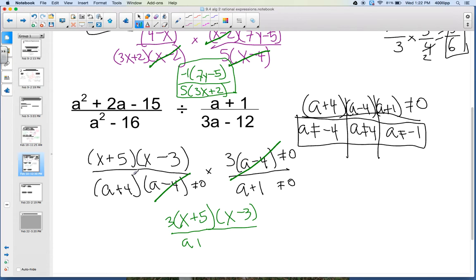This should be a's, not x's. Sorry about that. That's an a, and that's an a. There we go. So used to writing x's and not a's. So a plus 4 and a plus 1. And this is the simplified version.